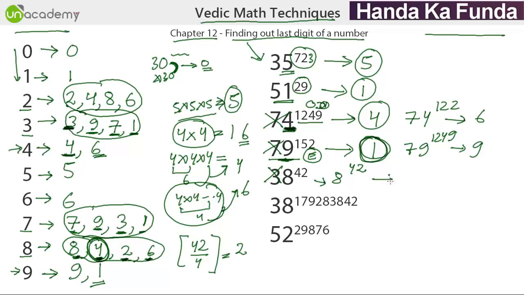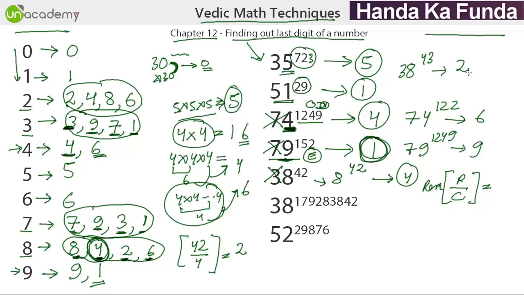So please remember guys, whenever you have a cycle, what you need to do is find out the remainder of the power by the cyclicity. Whatever you get as the remainder, that value will be the answer in the list. So if instead of 38 to the power of 42, it was 38 to the power of 43, then I would have got the third value in the list. My answer would have been 2.